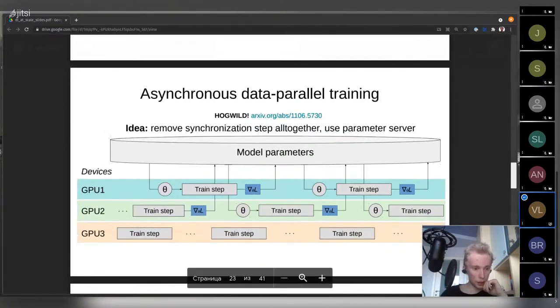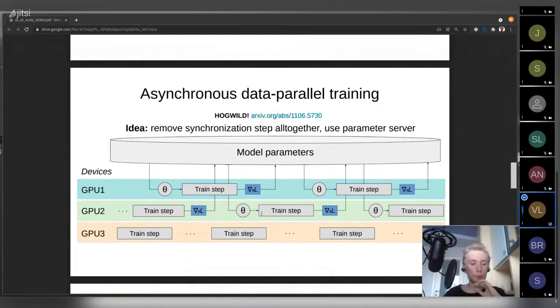But starting from the same parameters, multiple GPUs may come up with nearly the same gradient. They're updated several times with a similar gradient. Yeah, in a way, does it simulate a larger learning rate? In a way, yes. You bring up a very good point, that the learning rate here probably has to be adjusted to the number of GPUs.